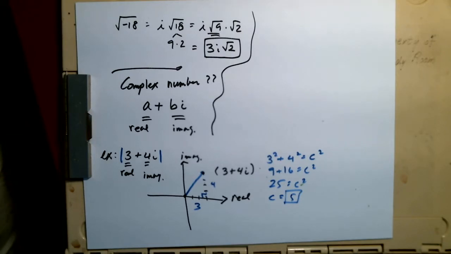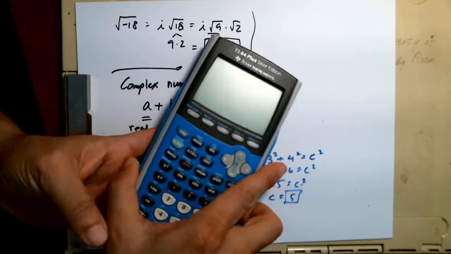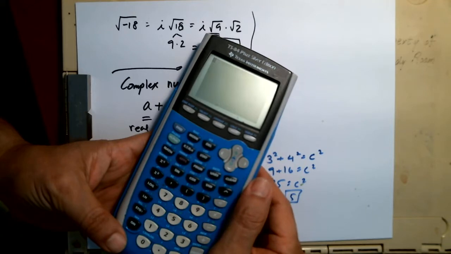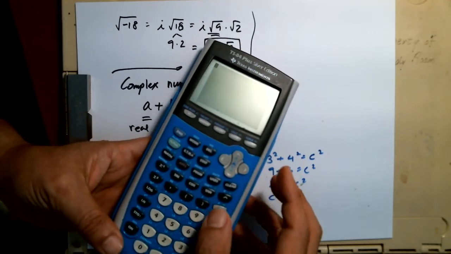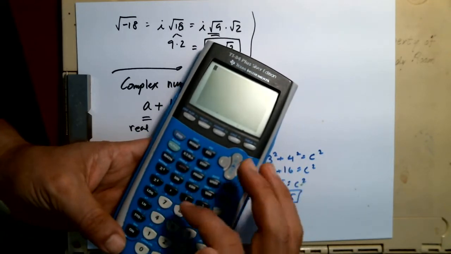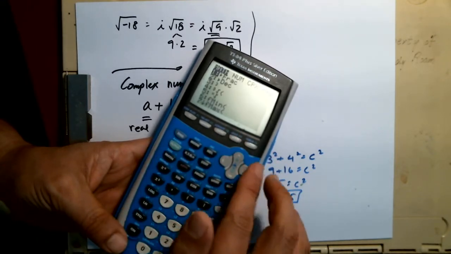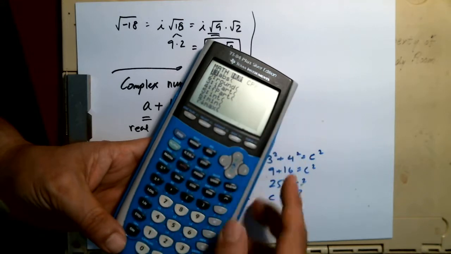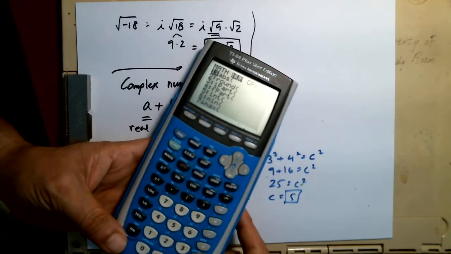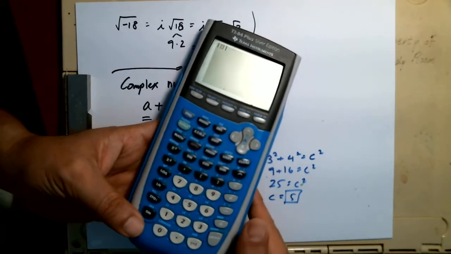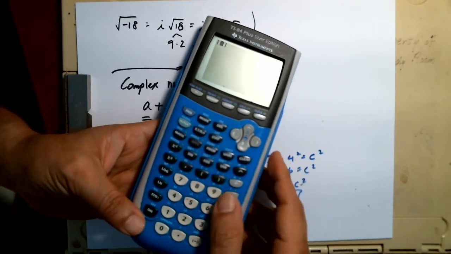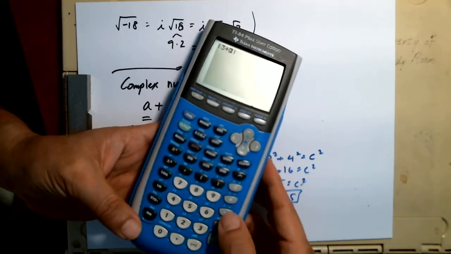You can actually do this on your calculator as well, just to let you know. So what I'm going to do is I'm going to turn it on. It's on, very good. And I'm going to go to math, which is right here. I'm going to go to the math numbers tab. You notice the default is on absolute value, press enter. And there it is right there. I'm going to say 3 plus 4.